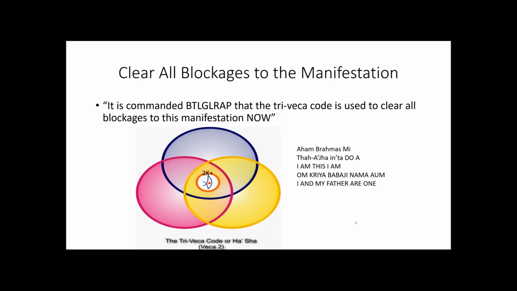So the next thing we do is we make sure we clear all blockages to the manifestation. And we could do that using the Triveca as well, like this. It is commanded by the laws of the golden liquid realms and alchemical powers that the Triveca code is used to clear all blockages to this manifestation now. Ta Asia Inta Doi.